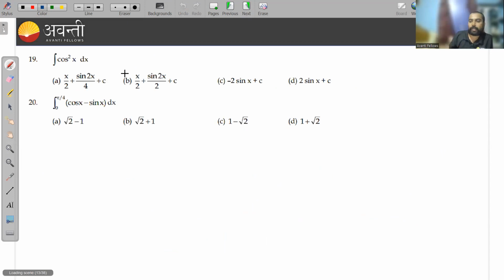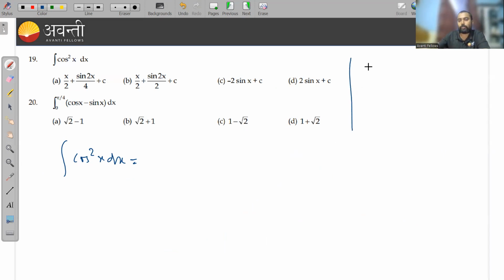Okay, let's move to the next question. That is integration of cos square x dx. So when you are having higher degree trigonometric functions in integrations, first we will break the powers into linear power. We know the formula of cos 2x is 2 cos square x minus 1, right?